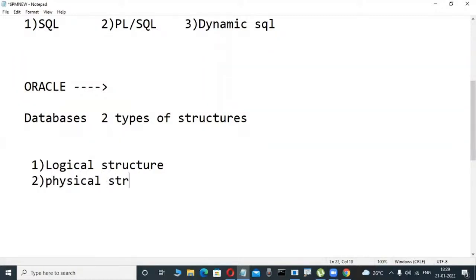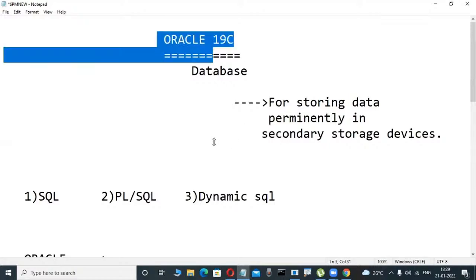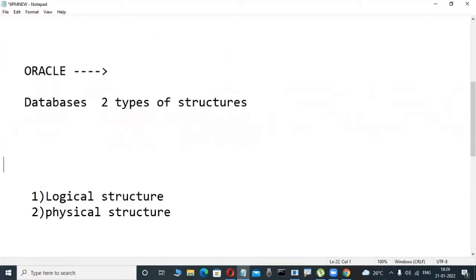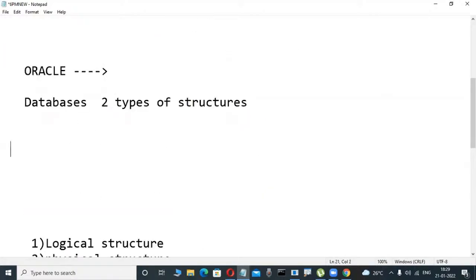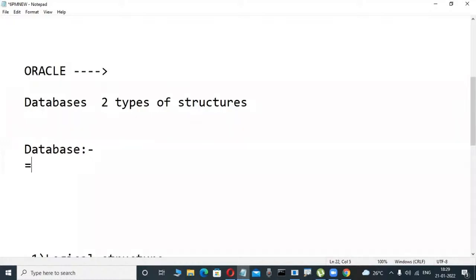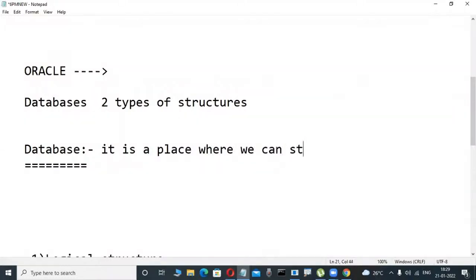Before we tell what the logical and physical structure is in these types of database software, let's look at the database definition in books. Many fellows write it like this. What is a database? If anybody looks in Google or in books, it is a place, don't write it, where we can store a structured collection of data in a computer system.